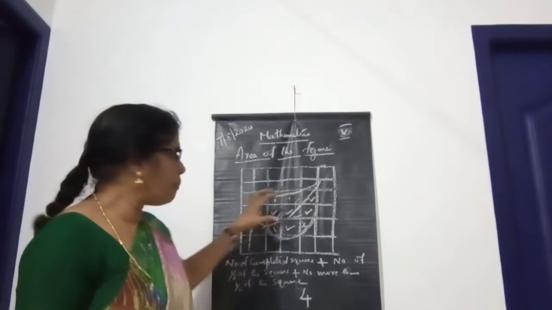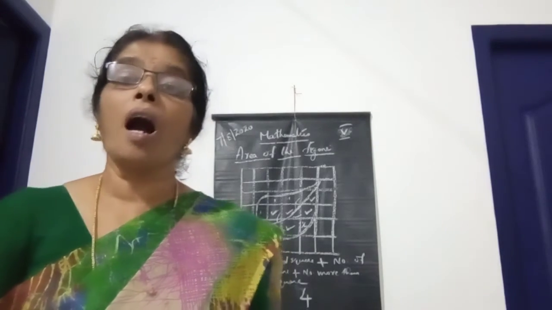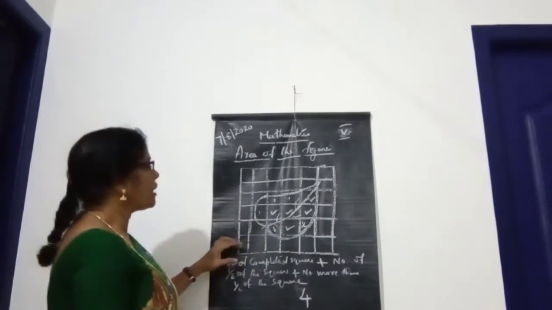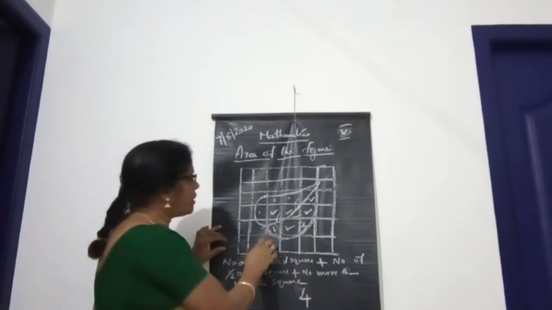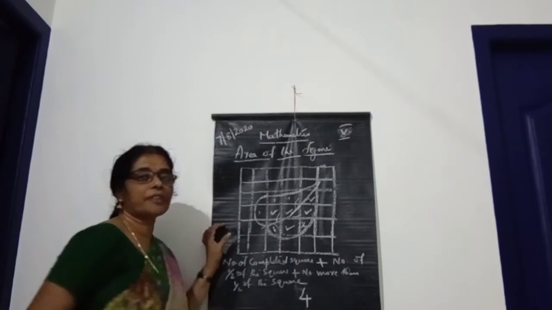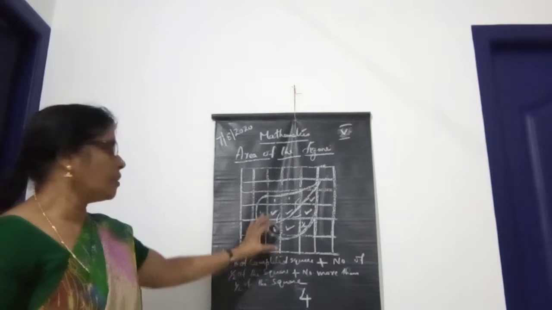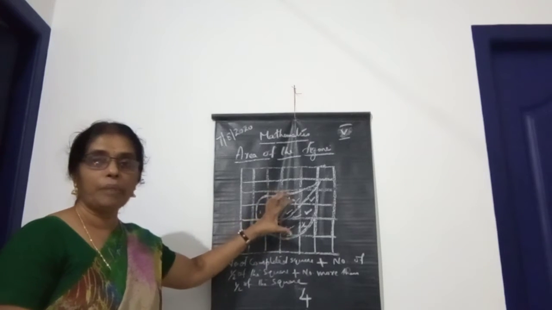How many completed squares and how many half squares? Look here, children. The number of squares is here, and the number of half squares and the number of more than half squares are here.